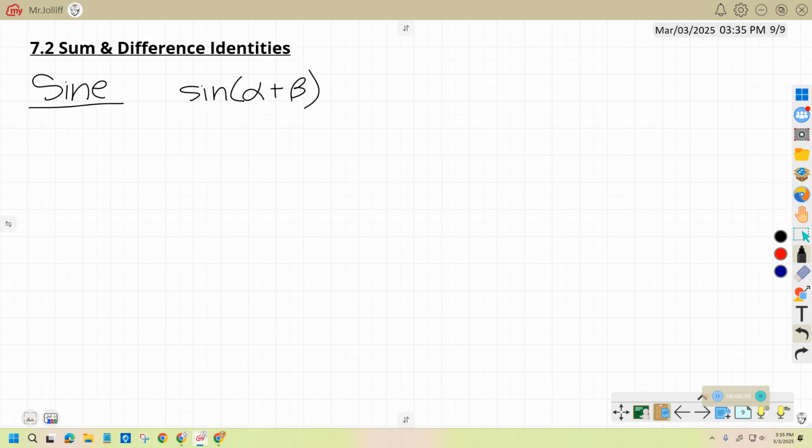Alpha looks like the little Jesus fish, beta looks like a B but kind of curly. You can use A and B if you can't write alpha and beta. Equals sine of alpha times cosine of beta plus sine of beta times cosine of alpha.